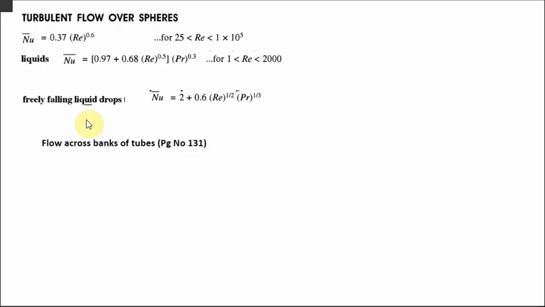Next section is problems related to turbulent flow over spheres. This is the correlation, and if it is a free falling liquid drop, this is the correlation, and all these data are given on page number 131. In case of flow across a bank of tubes, you can use data given on page number 131. Here things are simple.